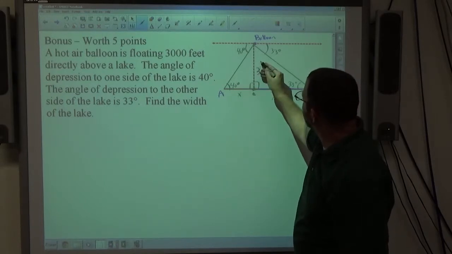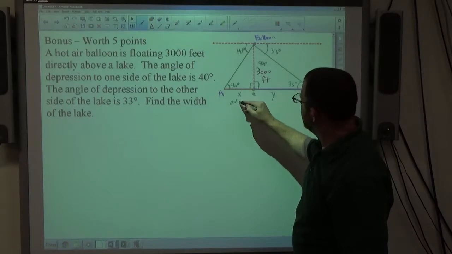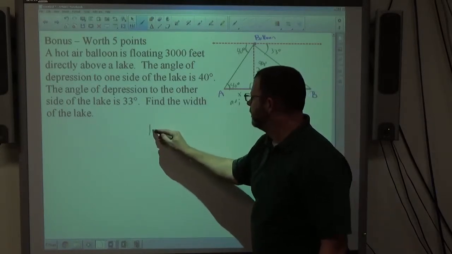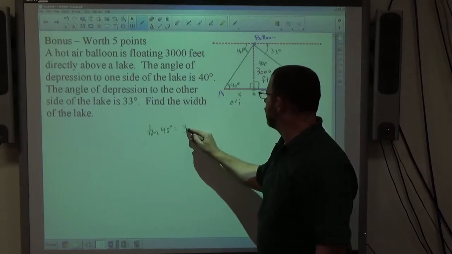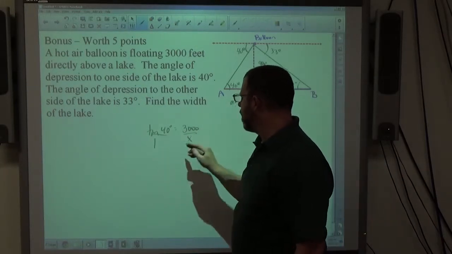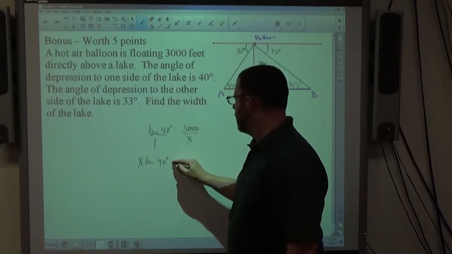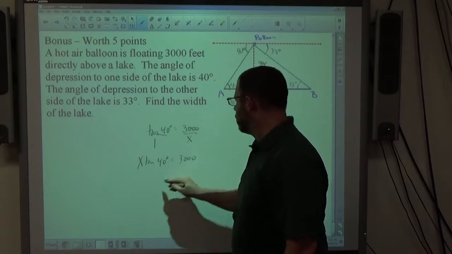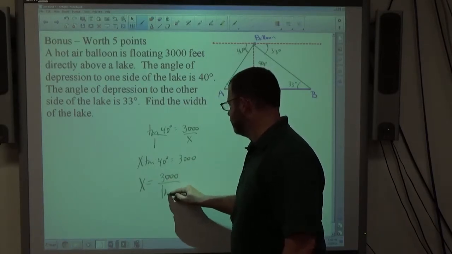For the 40-degree angle, 3,000 is opposite, and x is adjacent. That means the tangent of 40 degrees should equal 3,000 over x. If I cross multiply, I get x tangent of 40 is equal to 3,000, which means x equals 3,000 over the tangent of 40.